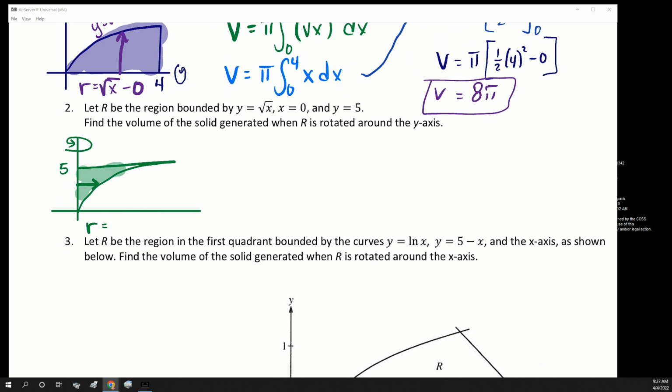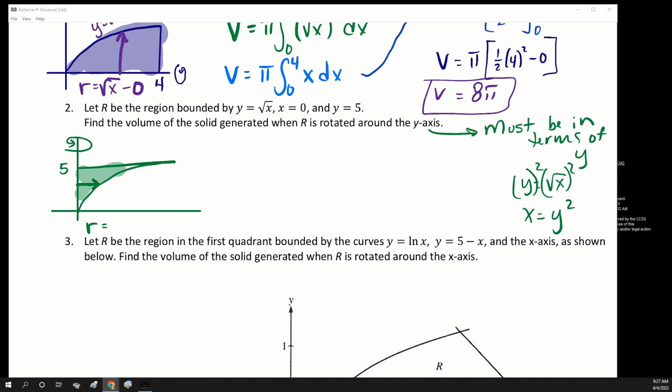So we're going to take our function and write it in terms of y, or solve it for x, which in this case is not hard to do. So we have y equals the square root of x, so x should be y squared.